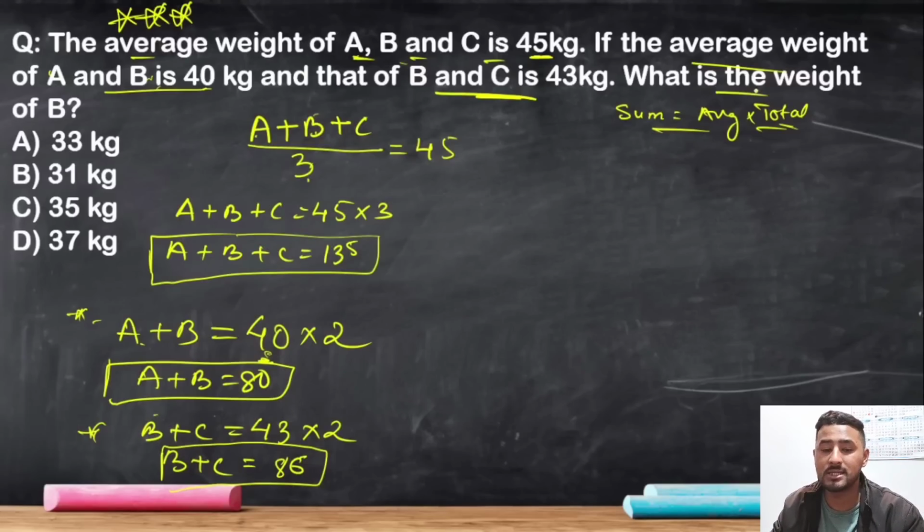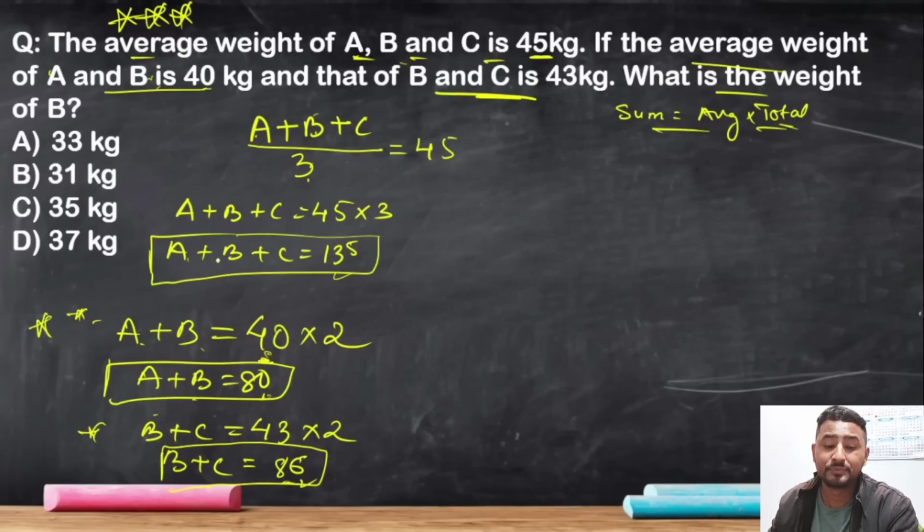Now what do we have to find? The weight of B. We have to find the weight of only B, but here there is no single B. It is either with C or with A. So how will we get the value of B alone? We have B plus C as 86 and A plus B as 80. You can put this B plus C here and get the value of A first, and then get the value of B from this one.